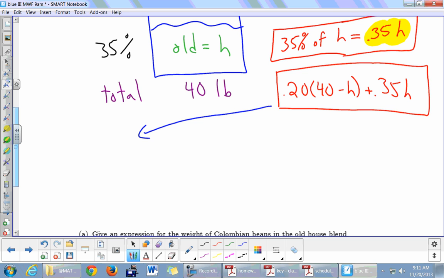So we do our lobster claw thing here, a single, like half of a claw. So 0.20 times 40. Without a calculator, we should be able to get that. That's 8 minus 0.20 times H. I'll keep writing the 20. 0.20H. And then I'll copy the 0.35H.